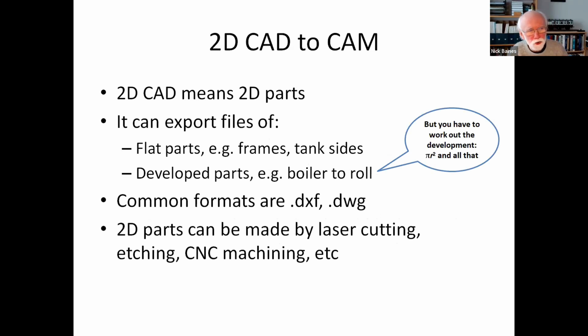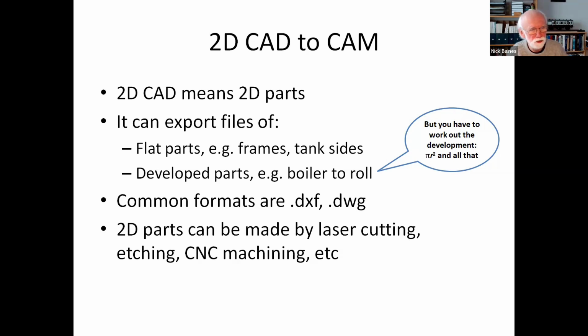It can also be what we call developed parts, like, for example, the boiler. If you're not making the boiler from a piece of tube, then you're making it from a flat sheet and you have to roll it. Now, you can draw it in the unrolled, the developed form, but you have to work out the dimensions for yourself.